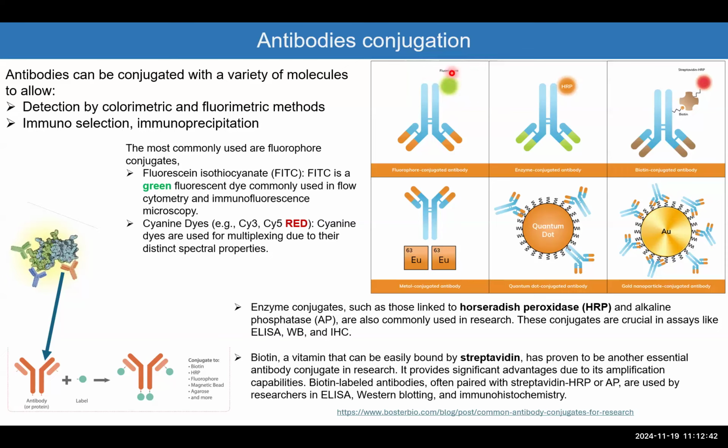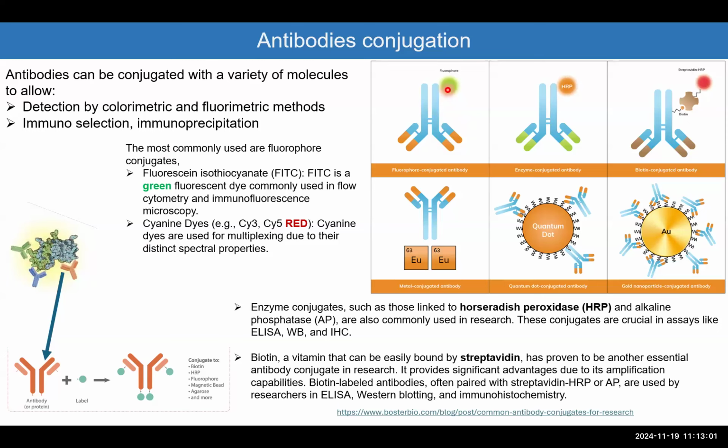And in this situation, it's FITC, which is green, then I can detect this antibody in a green color. And therefore, whatever protein this antibody binds to, I will see a green signal.